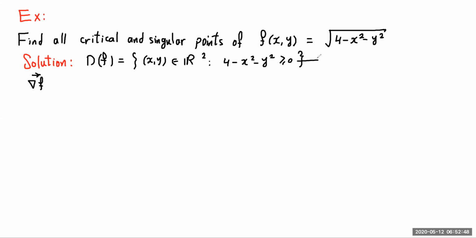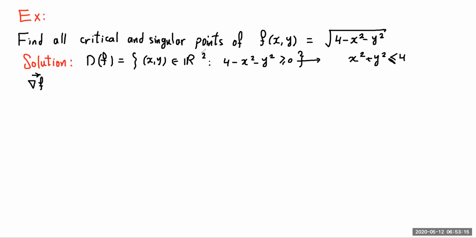So this condition also could be written as x² plus y² less or equal 4. So if we want to sketch the domain, it will be inside the circle of center (0,0) and radius 2. And the points on the circle are included because we have here equal.